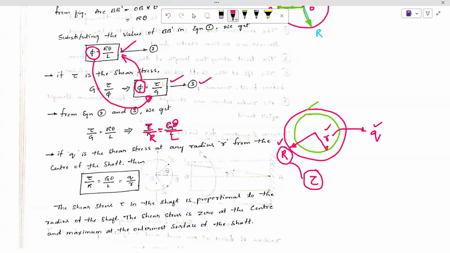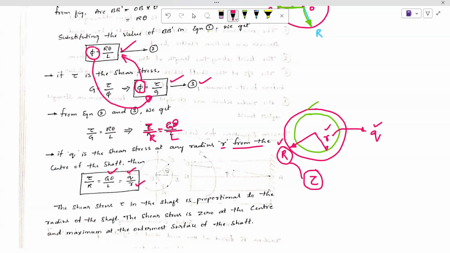So here we are assuming that if q is the shear stress at any radius r from the center of the shaft, then tau by R is equal to G theta by L, which is equal to shear stress by radius.